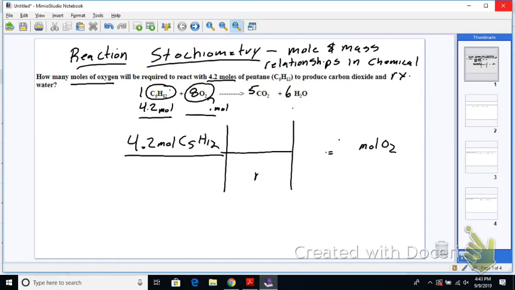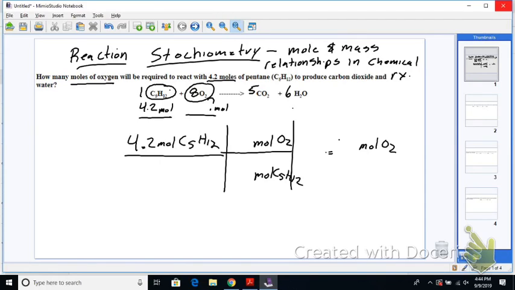So down here I'll put moles of C5H12, and up above I'll put moles of what I'm trying to find, moles of O2. As you'll find on every single one of these problems, you're going to do this relationship that I'm writing out right now with moles of C5H12 and moles of O2.